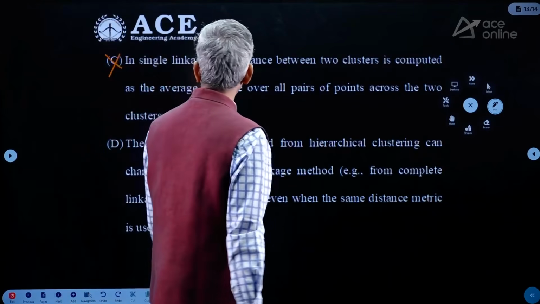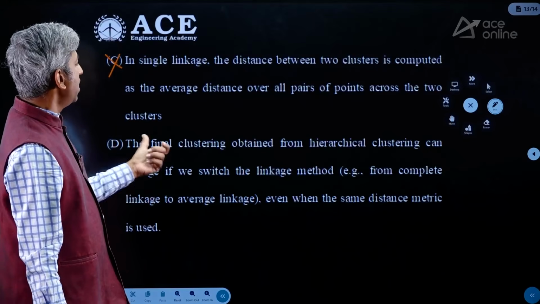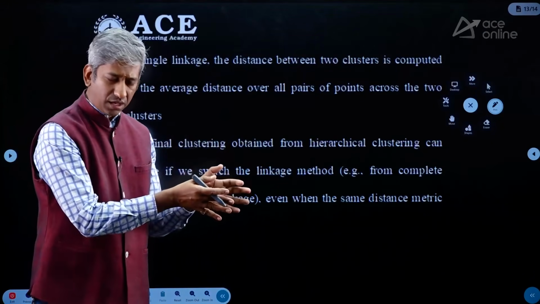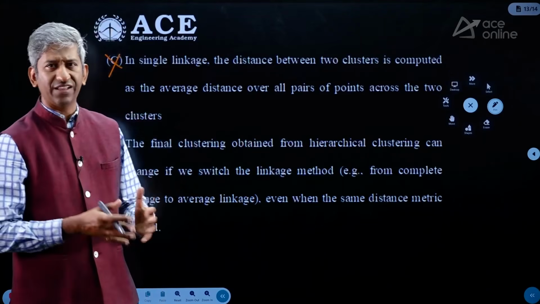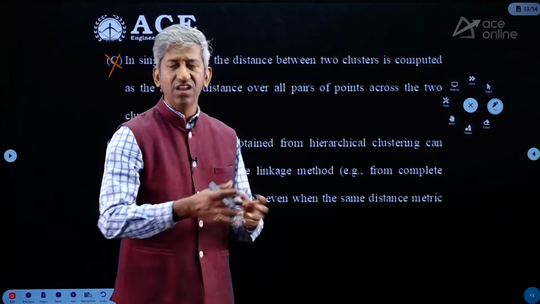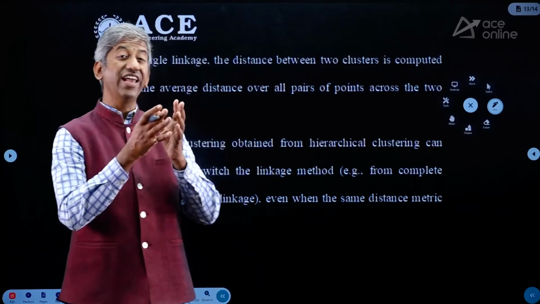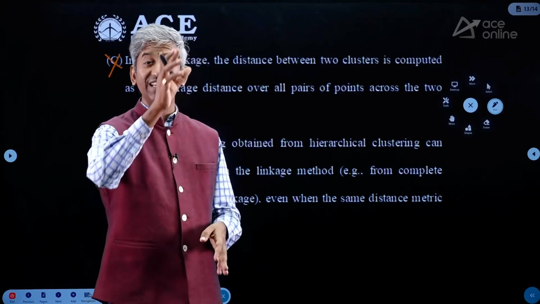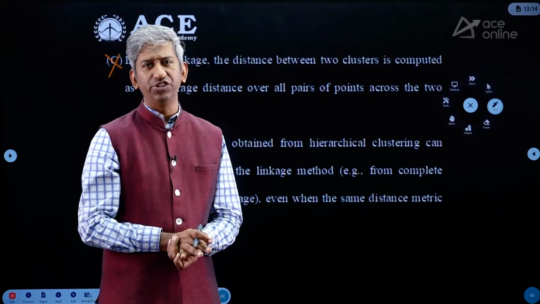And then option D, the final clustering obtained from hierarchical clustering can change if we switch the linkage method. If the minimum distance, maximum distance and average distance between the clusters change, that changes the clustering pattern. Hierarchical clustering, whether agglomerative or divisive, is a local optimization method but not a global optimization method.